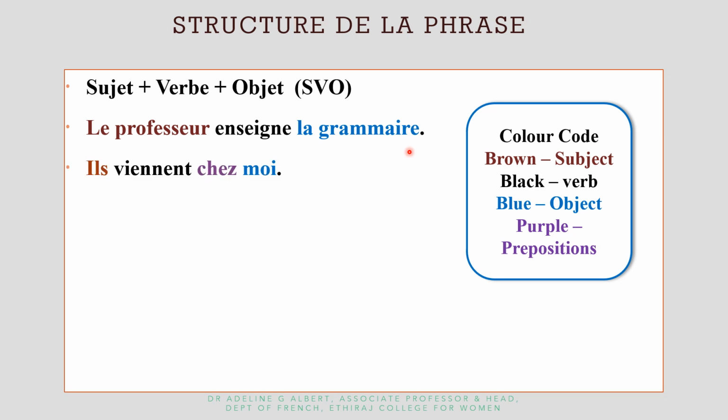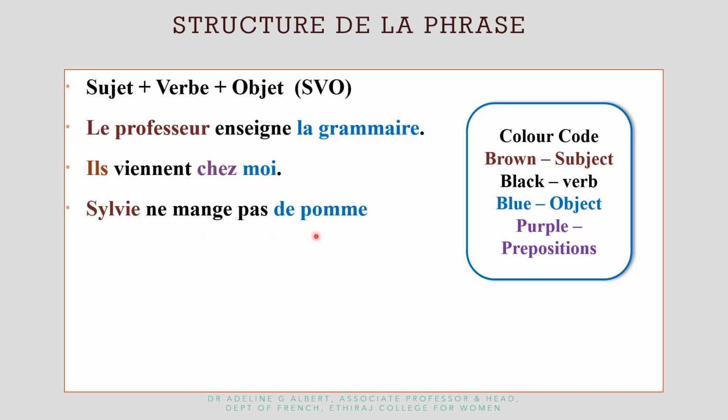Keep that in your mind. Ils viennent. They're coming. The person who's doing the action, coming, is they. So this is your subject. Viennent is come, action. Chez moi is your preposition of place. Alright? Let's call it pronoun of place. Grammatically, it's wonky, but it denotes place.